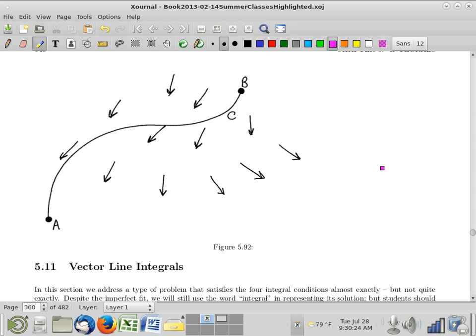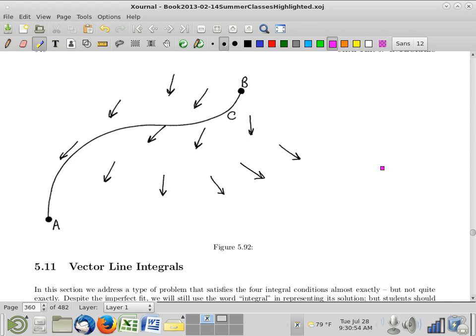So, the new twist, the variation that's going to happen today, is that we're going to start considering integrals where the integrand is no longer a scalar. You remember last time we spent a lot of time talking about vector fields. There's this new kind of object where at a point, instead of associating a number like density or population density or concentrations, anything along those lines, a scalar quantity, we associate a vector, right?